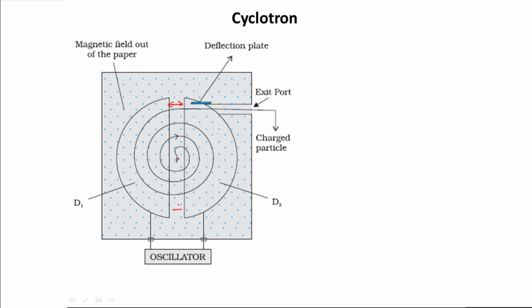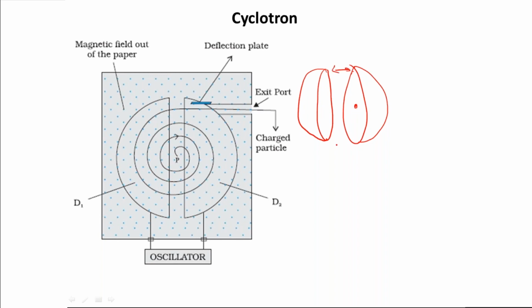You have a charged particle source over here, denoted by P, and this charged particle is inside one of the Ds. Suppose the charged particle is in one of the Ds. If I draw it in the vertical position, I'll show you how it is. The charged particle is here, and there is a gap between the Ds.